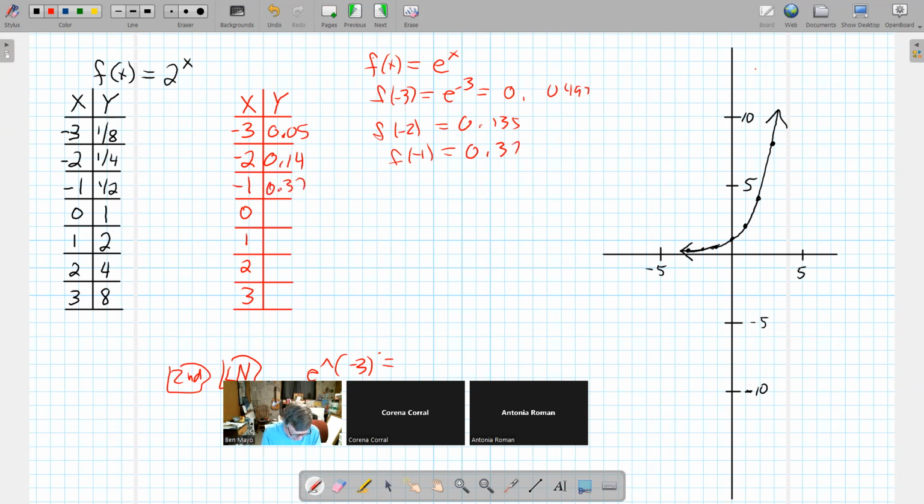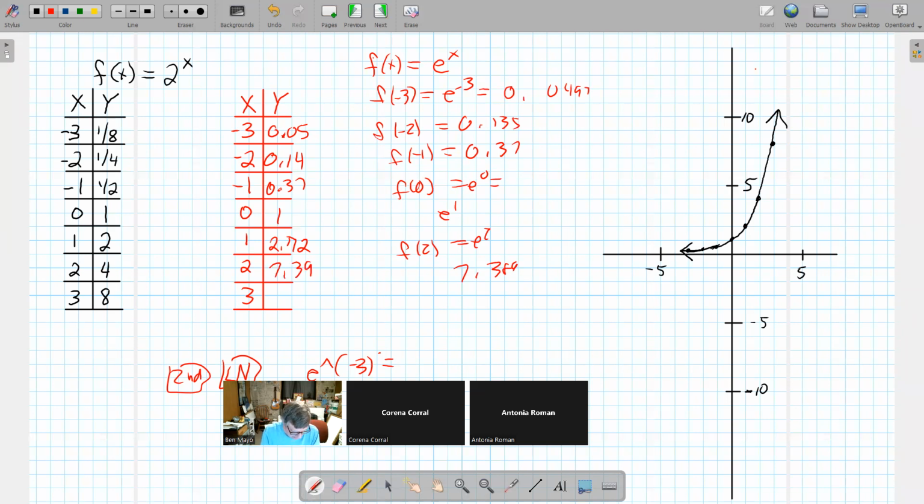And then f of 0, e to the 0 power, would be 1. E to the 1 power would be approximately 2.7-ish. We'll say 2.72. F of 2, e squared, comes out to be 7.389. So we'll say 7.39.